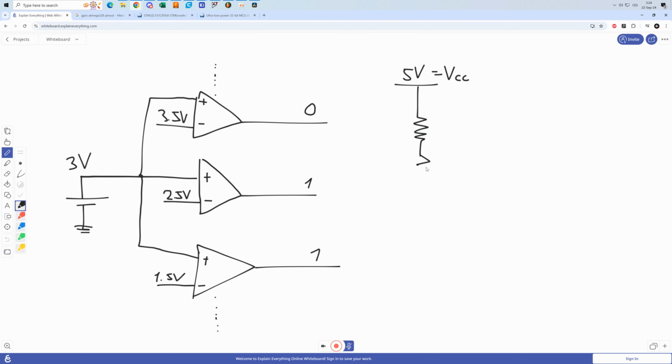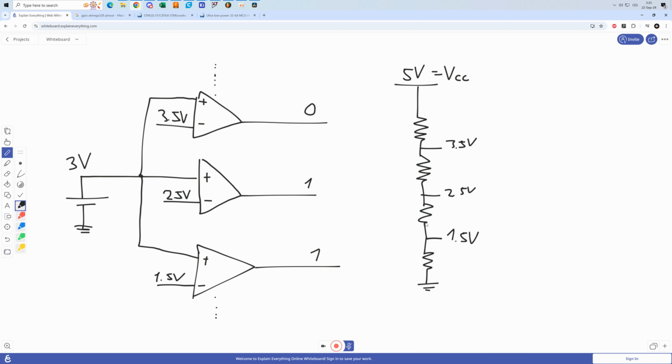We can create a voltage divider, and we can set the resistances in such a way that we have 3.5 volts here, 2.5 volts here, and I've missed one resistor, of course, and that would be over here, 1.5 volts, and another resistor to ground, just like so.